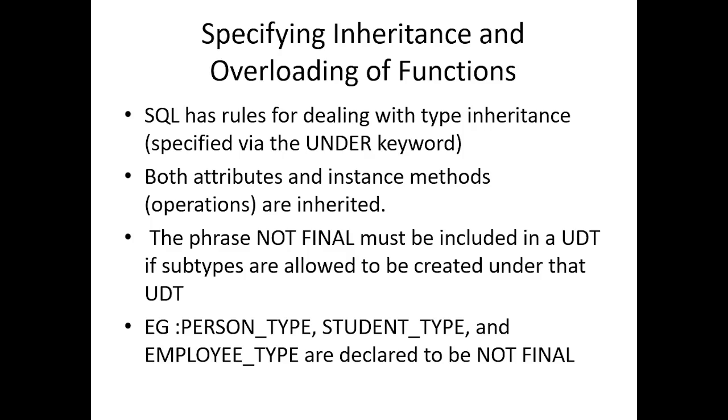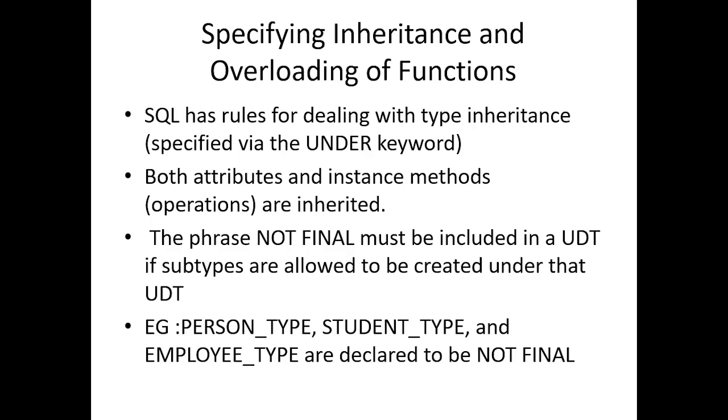As an example, suppose that we want to create two subtypes of person type: one is employee type, another one is student type. Suppose in addition we also create a subtype manager_type. All this comes under person_type.